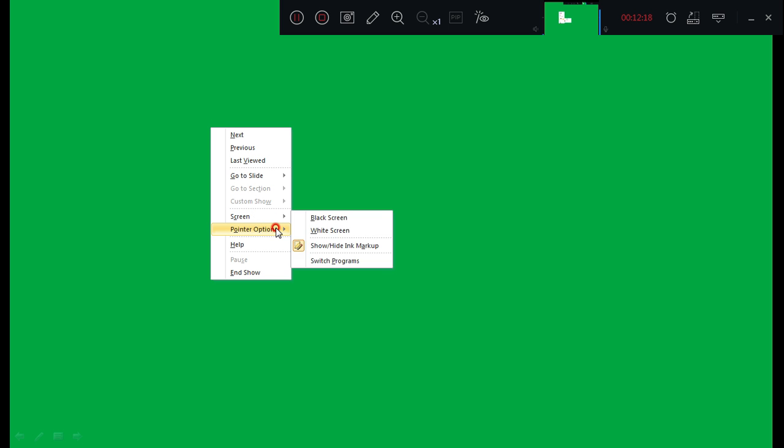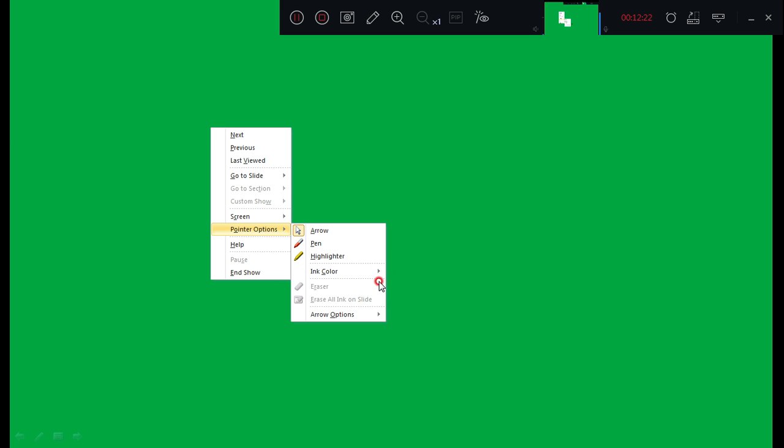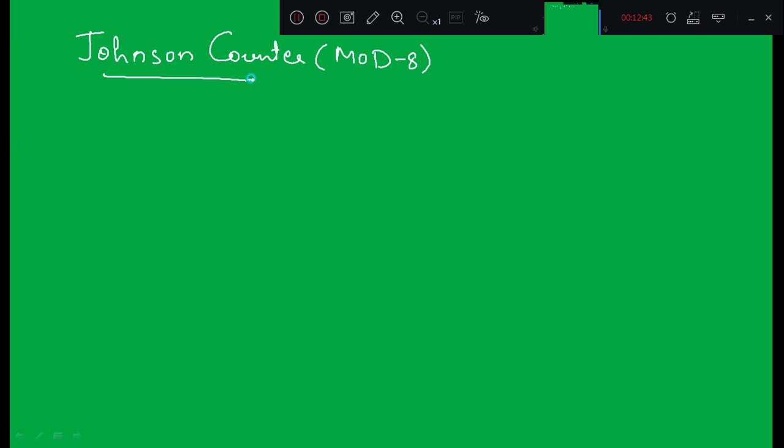Along with this mod 4 ring counter, we are going to discuss one more counter, which we call a Johnson counter, also sometimes called a mod 8 Johnson counter, right?